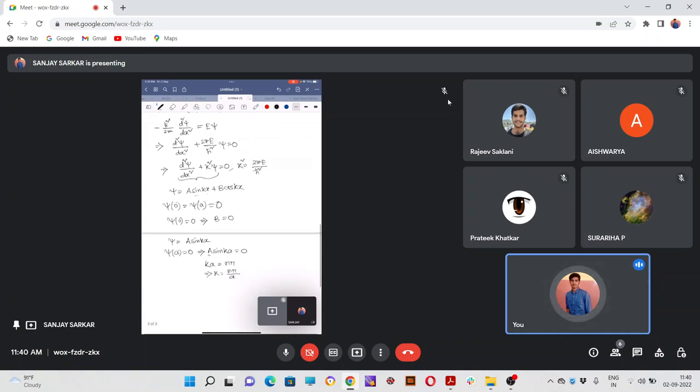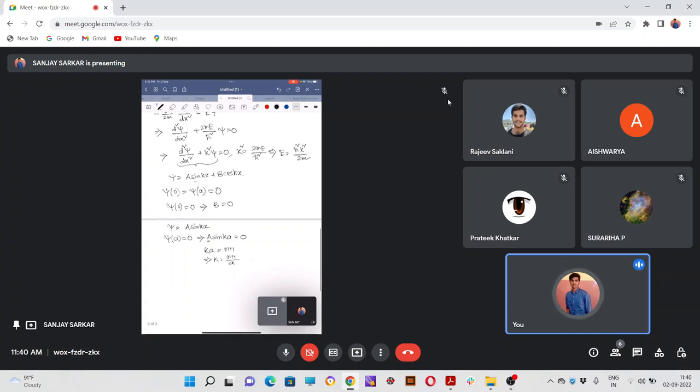So from this we can get the energy: E equal to h bar square k square by twice m. If we put the value of k here, we will get the... 1 minute. Sorry, there was a call.